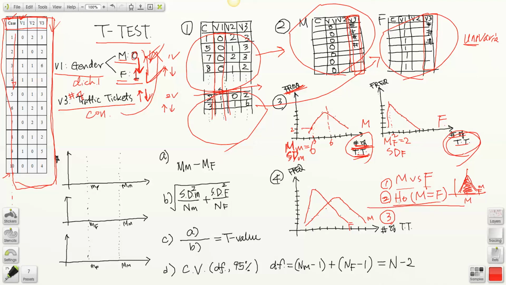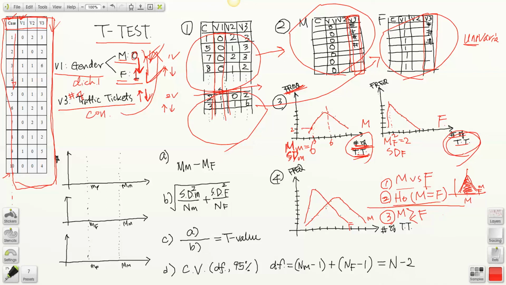But if you decide to reject the null hypothesis, then you can go on to say that males are more likely than females to receive number of tickets, or females are more likely than males to receive traffic tickets. Well, that's simply a matter of which one has higher central tendency.